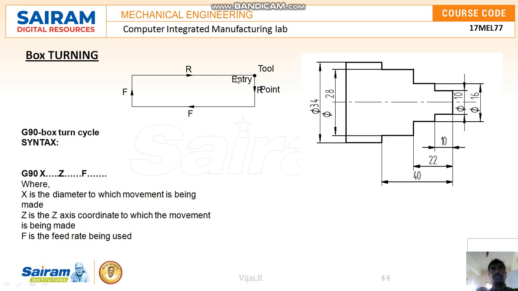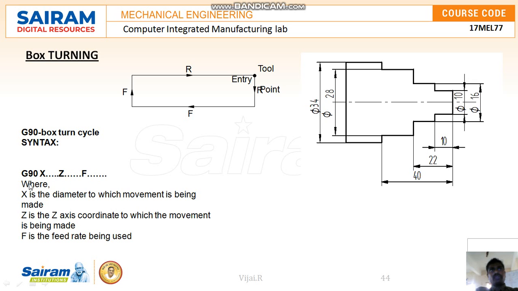So X reduces the diameter, moving Z minus, then moving X upward the diameter increases, then it moves to Z positive. The tool has to come here, move upward, and remove material up to this, and then only we will get this shape. For that we can use the G90 code, which is the box turning cycle.